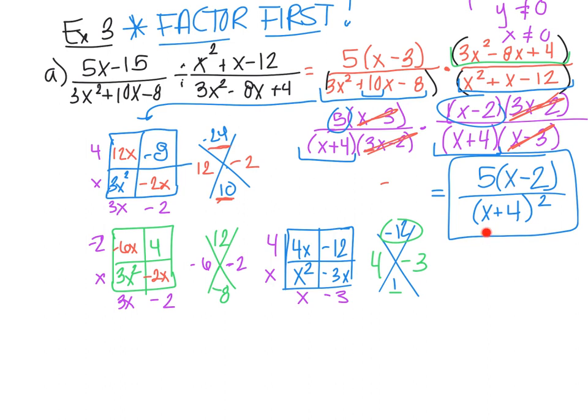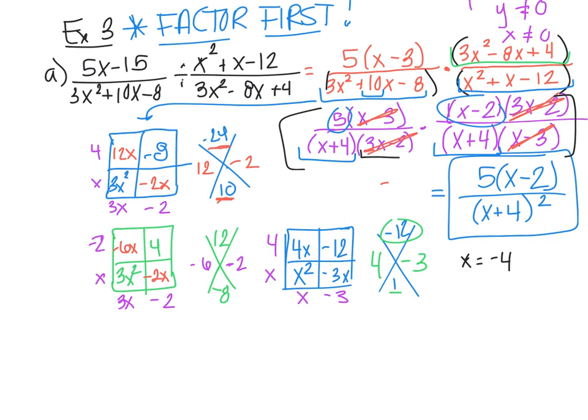There's no more cancellations we can make, but we do have lots of restrictions on x. Those restrictions are going to come from this factored form of this problem. So we've got this restriction, x plus 4, which means x cannot equal -4.